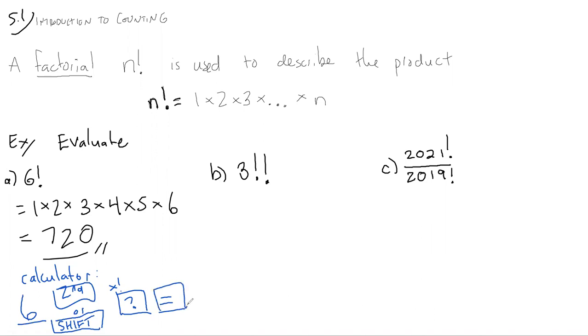Something to note with a factorial is that your calculator will only take a non-negative integer input for it. You can actually plug in 0, that's fine. But you can't plug in negative integers and you can't plug in decimals in your calculator. In fact, there's continuous formulas that replicate this factorial so that you can extend it to the decimals. And it's related to one of the biggest open problems in math right now, the Riemann hypothesis.